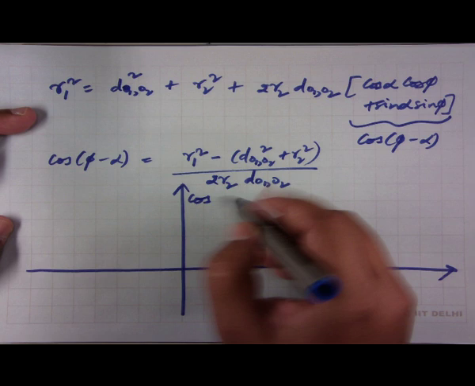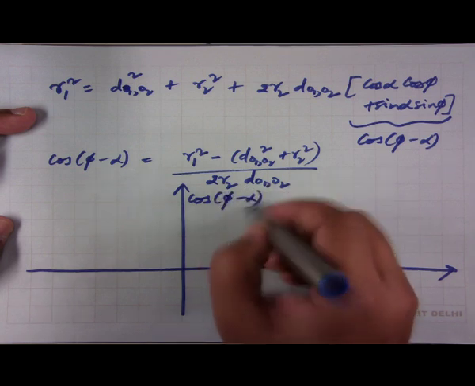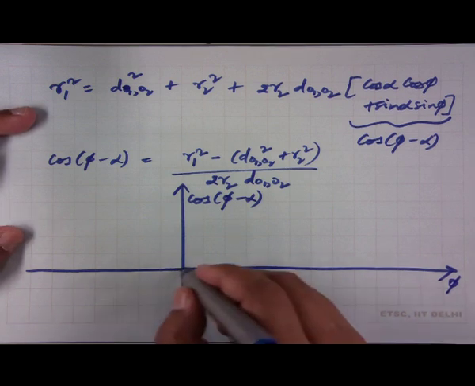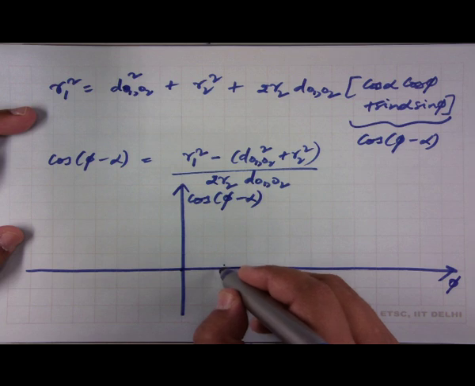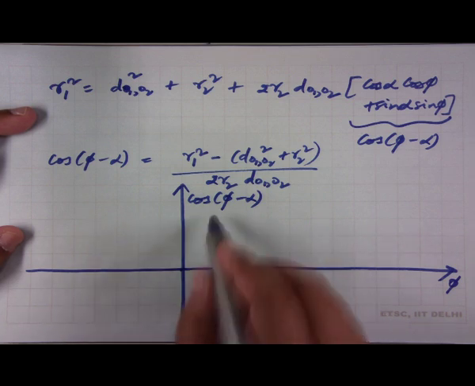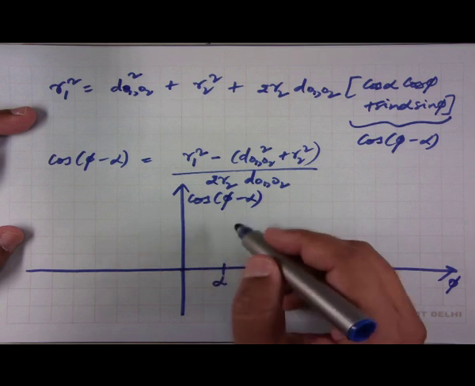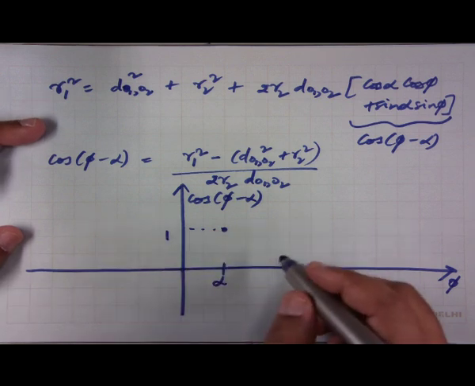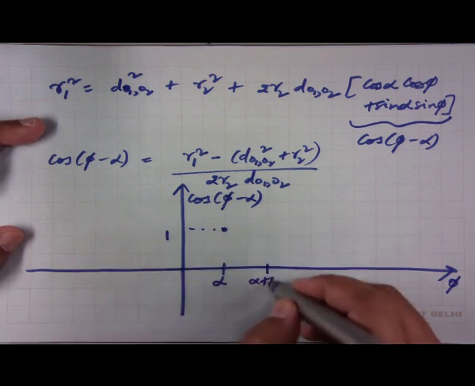So, to solve this, let us draw the graph of cos of phi minus alpha versus phi. So, at phi equal to alpha, cos of phi minus alpha will have the highest maximum value of 1.